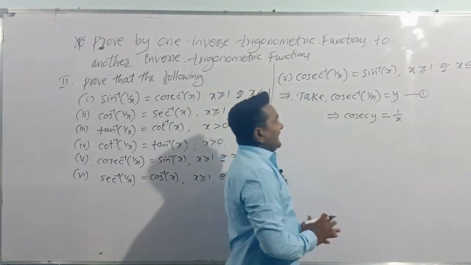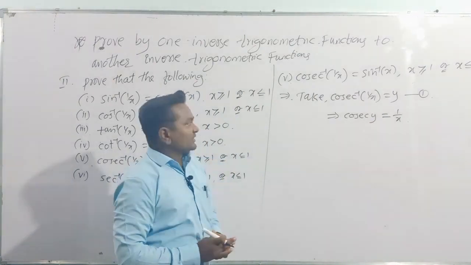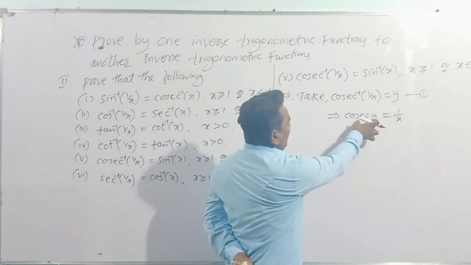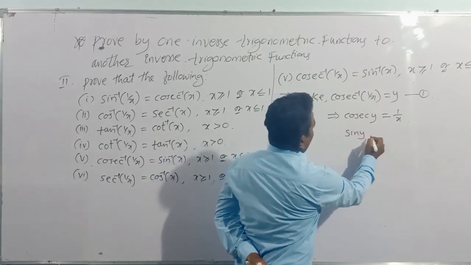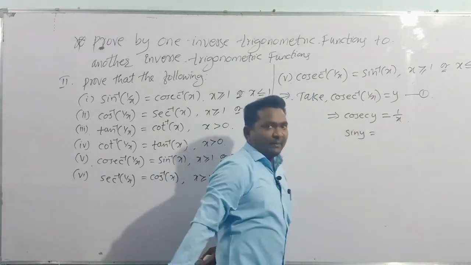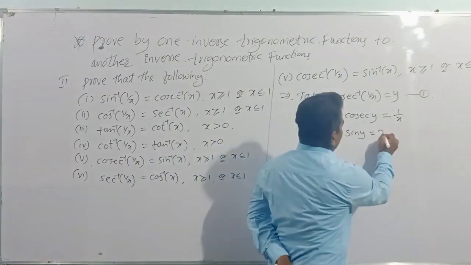Now again taking reciprocals on both sides here. So reciprocal of cosec y is sin y, and reciprocal of 1 by x is x only.